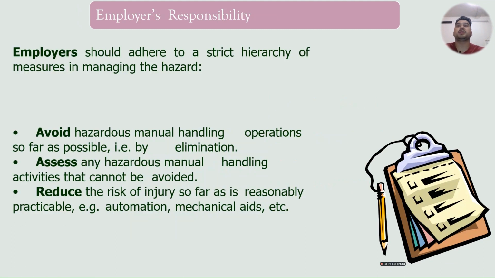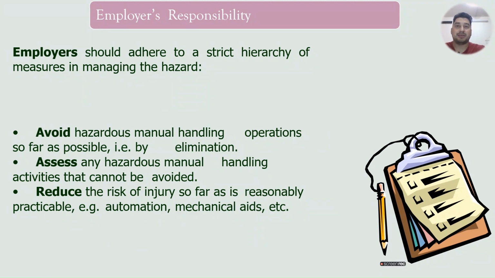Employer's responsibility. What is your responsibility as an employer, company owner, manager, director, or any higher level position responsible for health and safety in the organization? First, avoid hazardous manual handling operations so far as possible, for example by elimination.